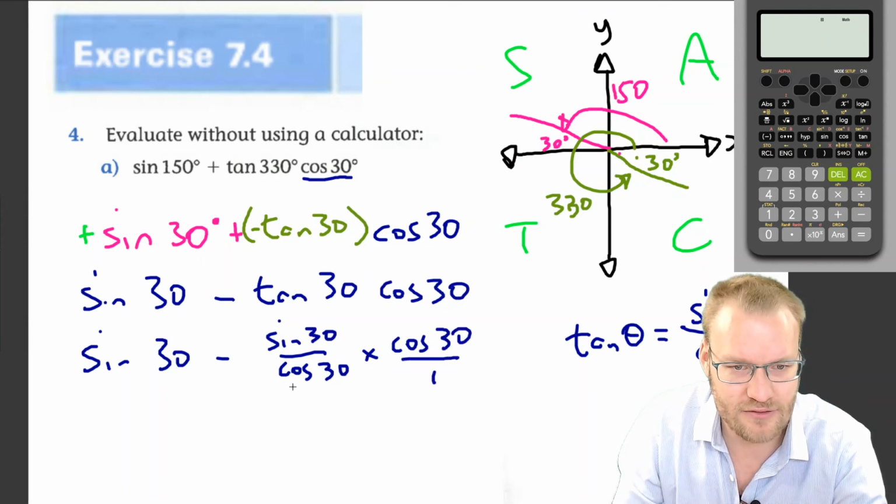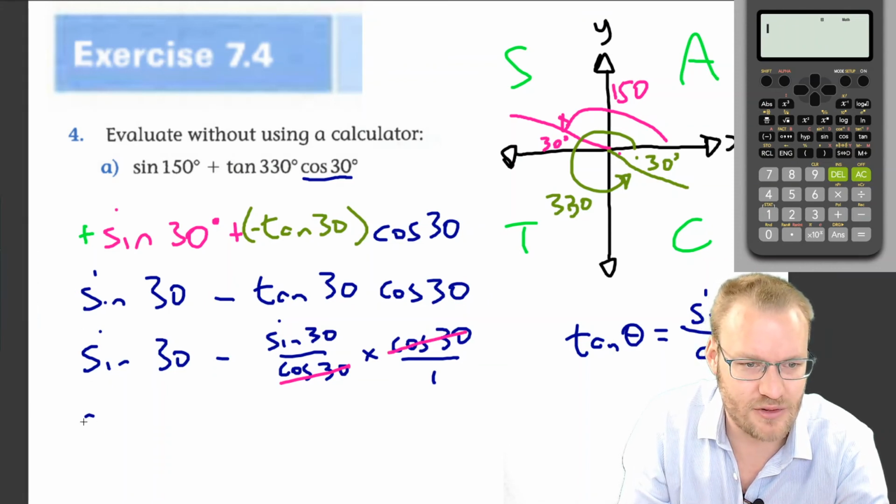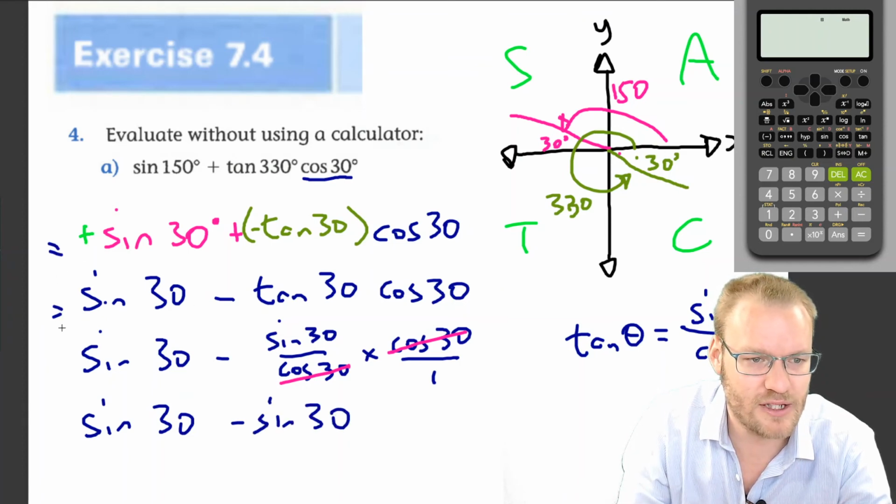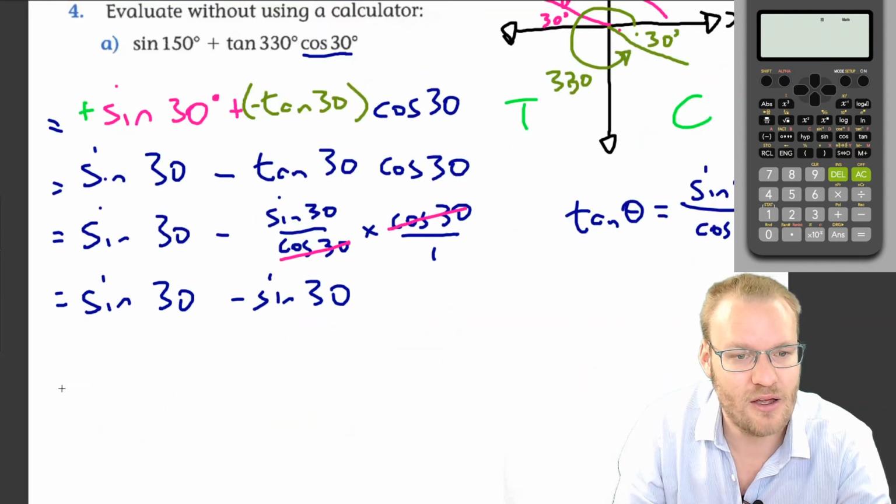Easy enough. Those two cancel, so we're left with sine 30 minus sine 30. This is equal to nothing.